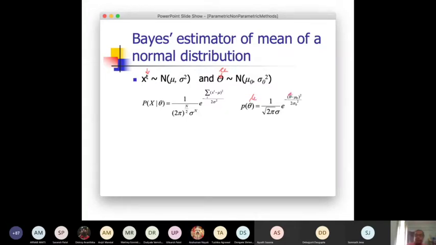Sir, what is the power of e in p(x given theta)? The power of that exponential? There is a minus sign. E to the power minus, this whole thing is the power.